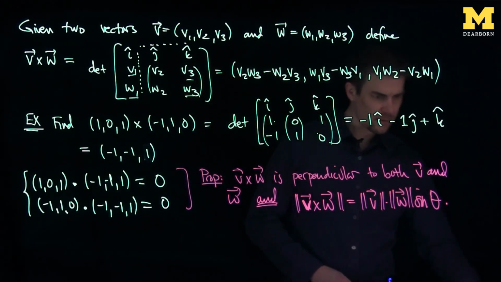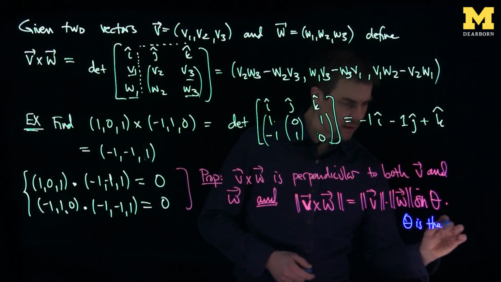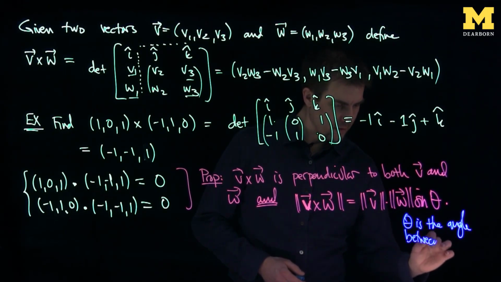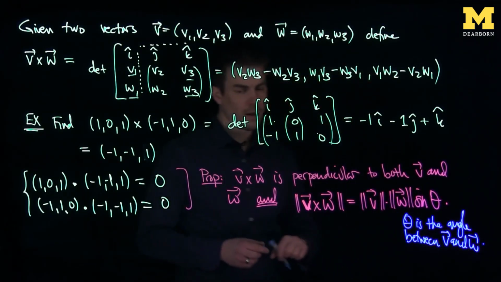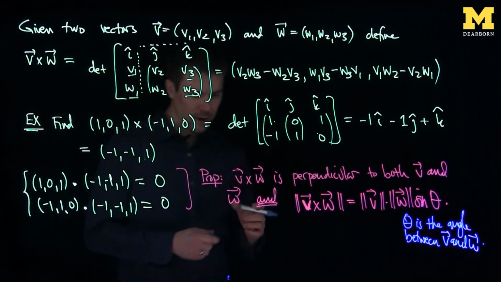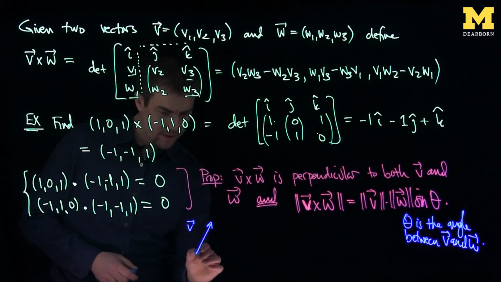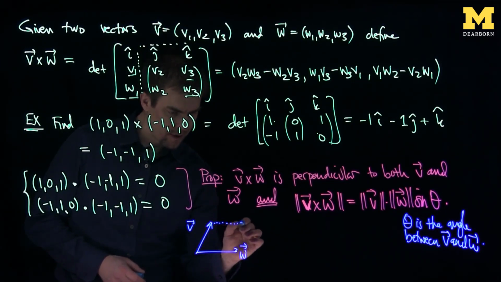Here theta is the angle between v and w. As another consequence, if we generate a parallelogram, with this as my vector v and this as my vector w, I can draw another copy of w over here, and another copy of v over here.